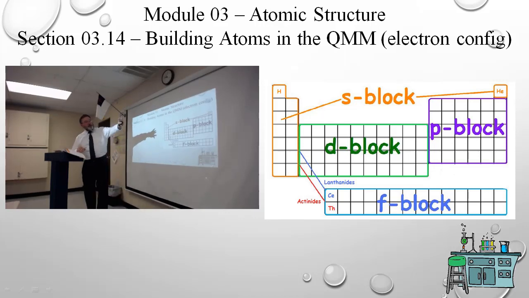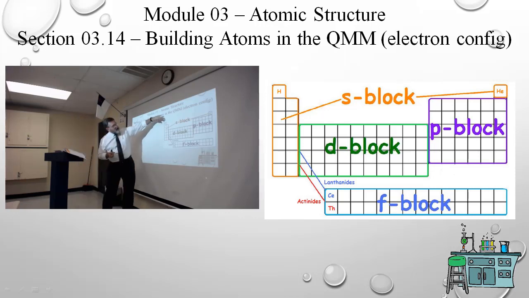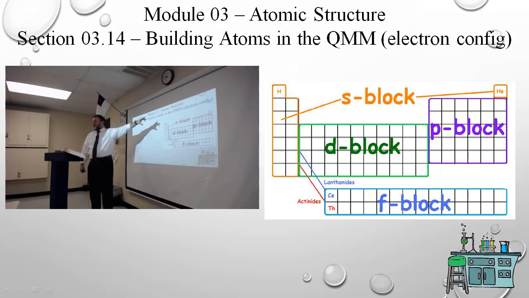Because as you look at the periodic table and you want to find the valence shell, the most outside orbital that's being filled, you can tell immediately from the periodic table what that will be. If the element resides in these two columns, its valence electron is filling an s orbital.